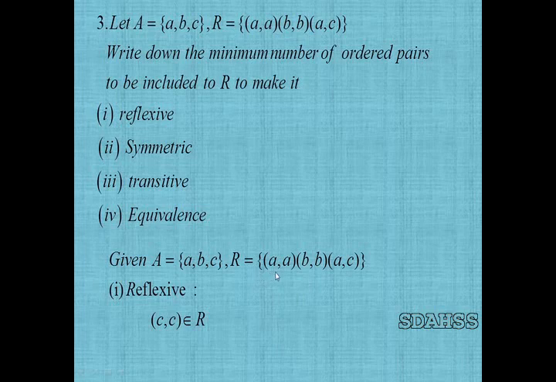Here (a, a) is given, (b, b) is also given. The only left out element is (c, c). There is no (c, c) in the set R, so you have to include (c, c). If you include (c, c), it becomes reflexive.